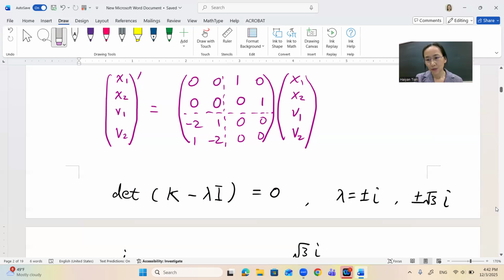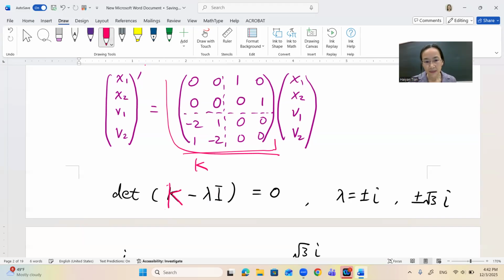And then if you want to find eigenvalues and eigenvectors of this matrix, this bigger matrix, let's call it K. In order to find the eigenvalues and eigenvectors, we just use this matrix K and find the characteristic polynomial equation of lambda, then we can solve this for lambda to find eigenvalues.